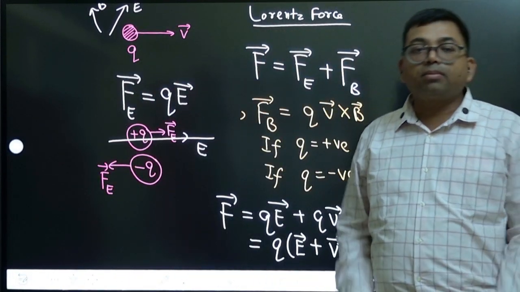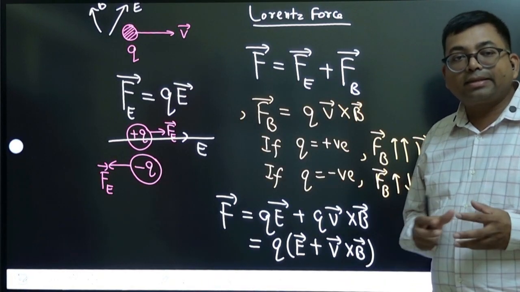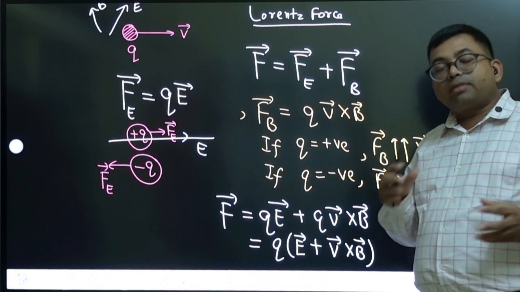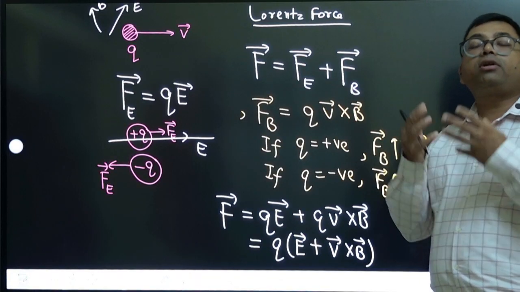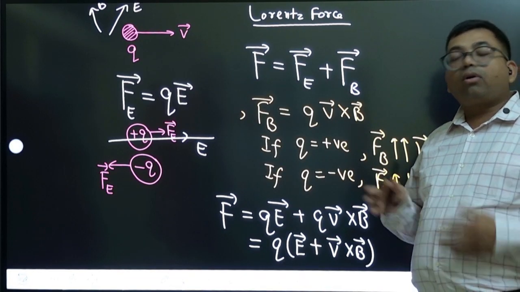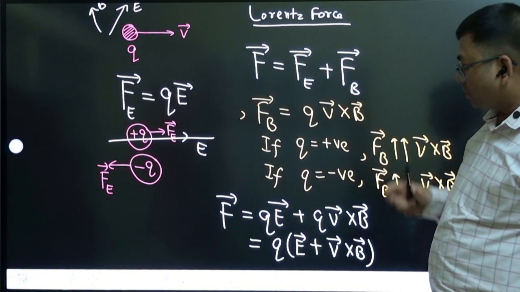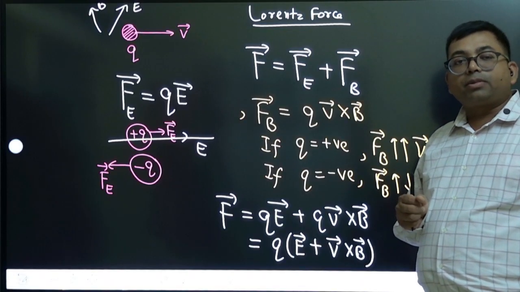So let us start with magnetic force. How to calculate magnetic force? What are the different cases that can happen? The charged particle can move parallel or anti-parallel to the magnetic field, it can move perpendicular to the magnetic field, or it can move in any other direction. All those cases we have to study first. I think cyclotron is there also, maybe, right?